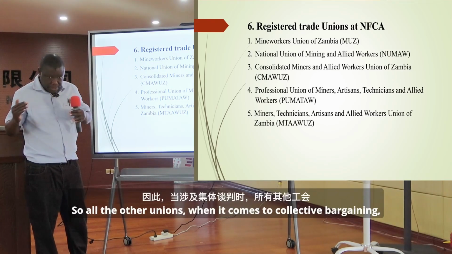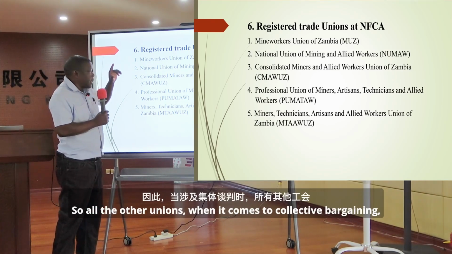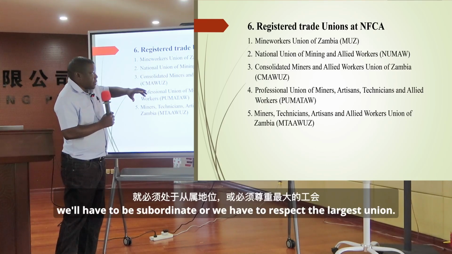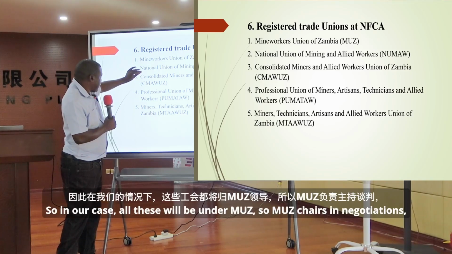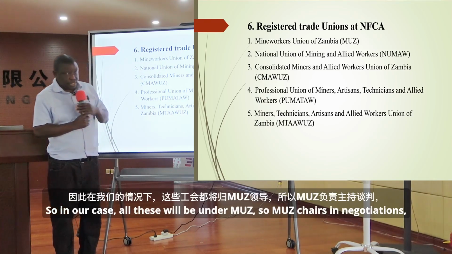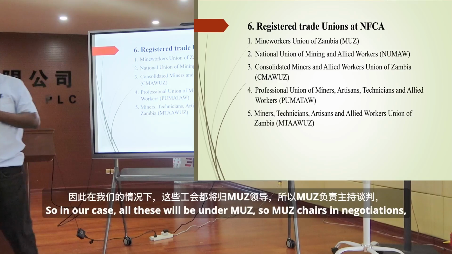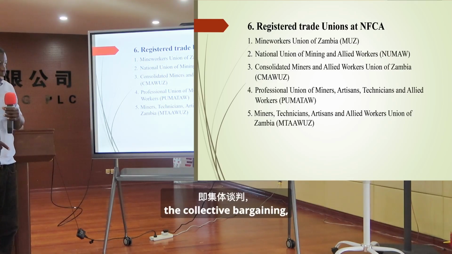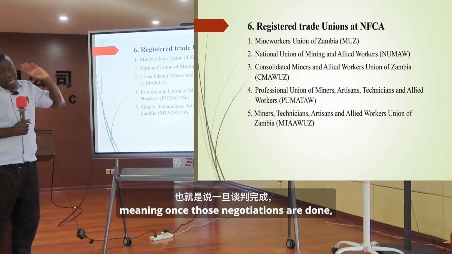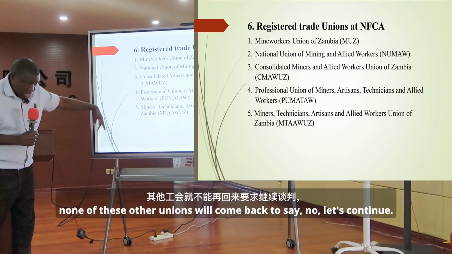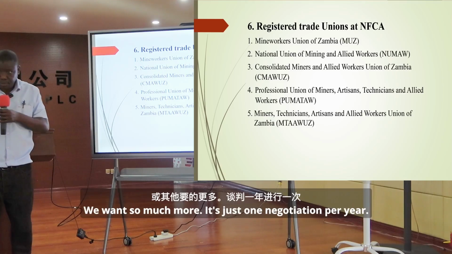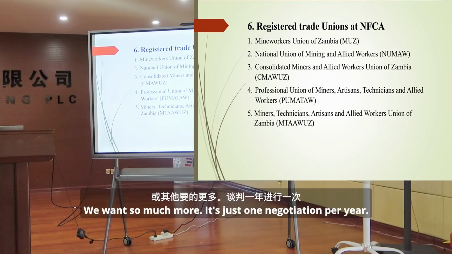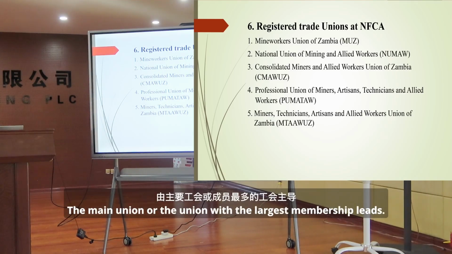All the other unions, when it comes to collective bargaining, will have to be subordinate and respect the largest union. In our case, all these will be under MUZ. MUZ chairs the collective bargaining, meaning once those negotiations are done, none of these other unions will come back to say, no, let's continue, we want better conditions of service, we want so much more. It's just one negotiation per year. The main union, the union with the largest membership, leads.